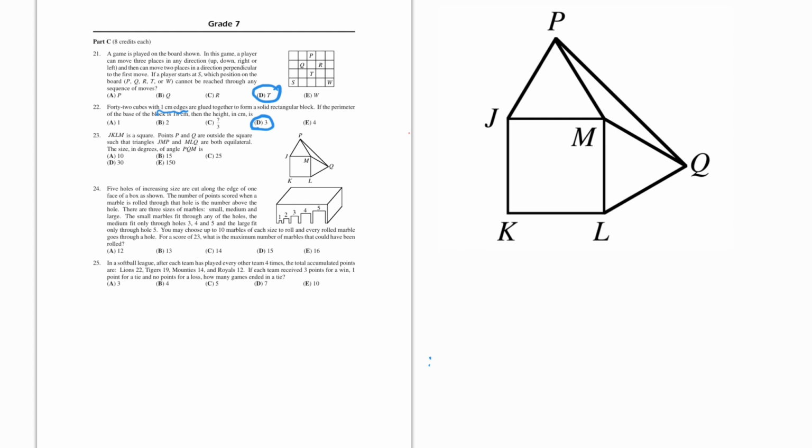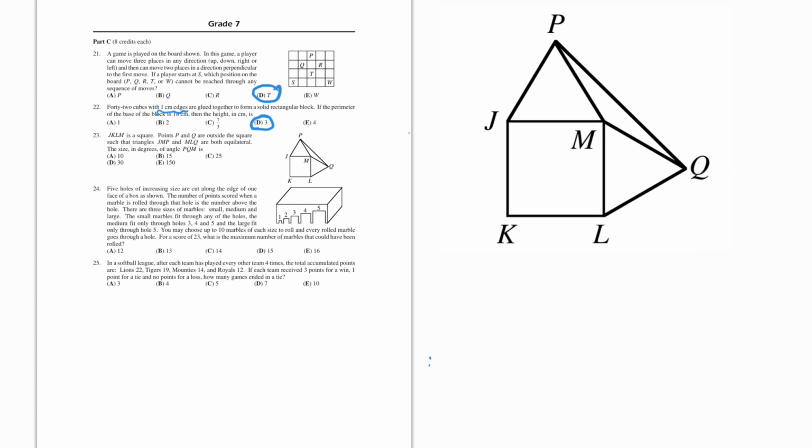JKLM is the square, so all the four sides are equal. And also, JMP and MLQ are both equilateral. So JMP equilateral, that's the three sides equal.